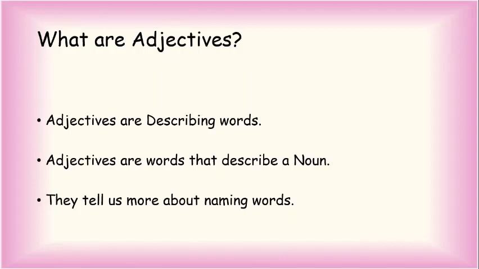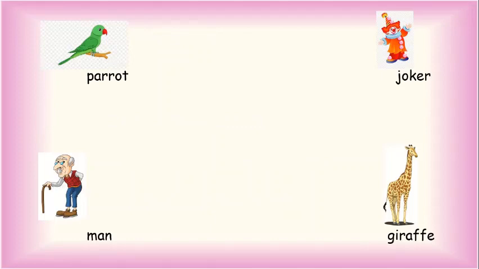Now let's see a few more examples of adjectives. Okay, here the naming words are parrot, joker, man and giraffe. Now let's describe these naming words.